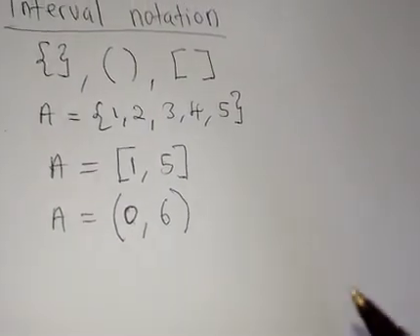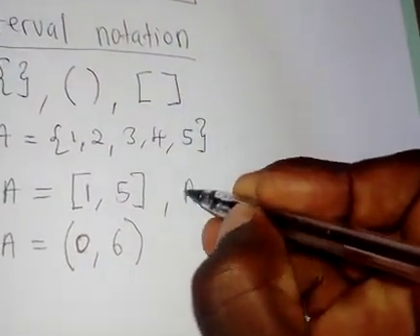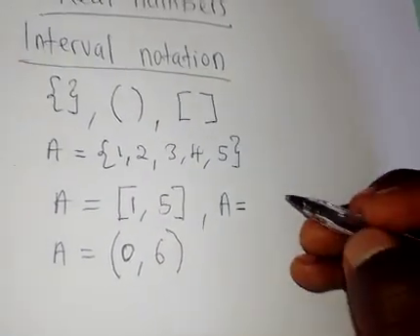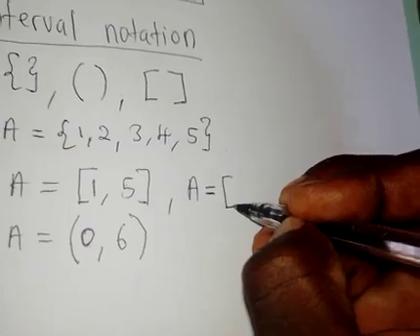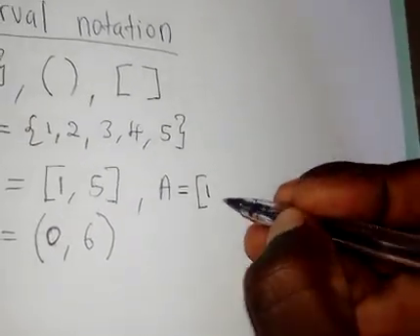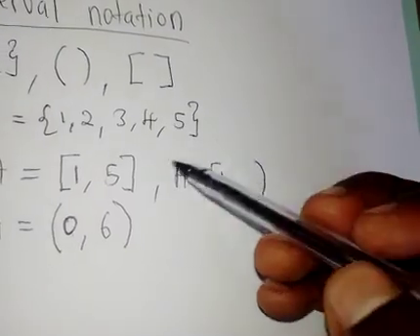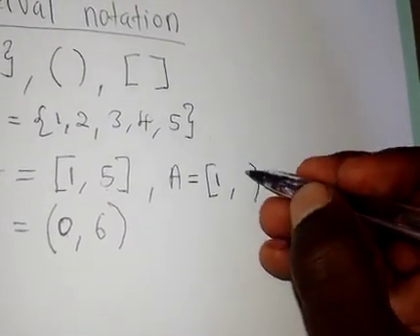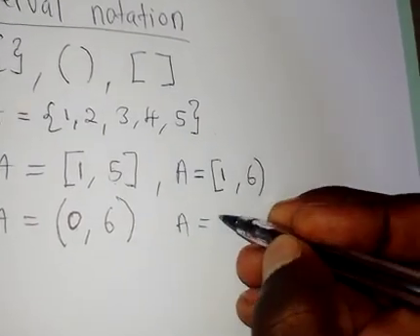Then there are some cases where we can use both round brackets and square brackets. Let's say set A being equal to, if I start with a square bracket like that, 1 is part of the set, I'll write it, comma, then I end with a round bracket. So I will not write 5, instead I'll write 6, like that. Same applies, set A can be represented like this.